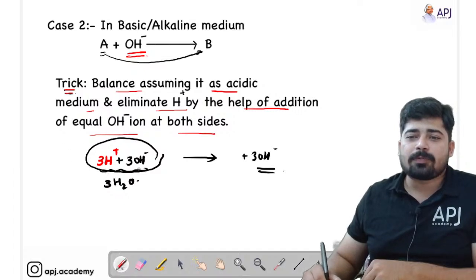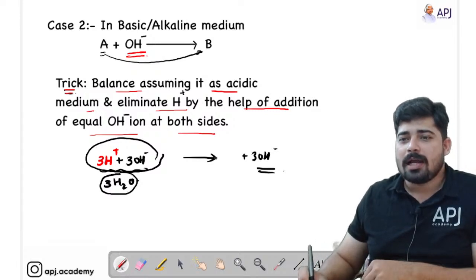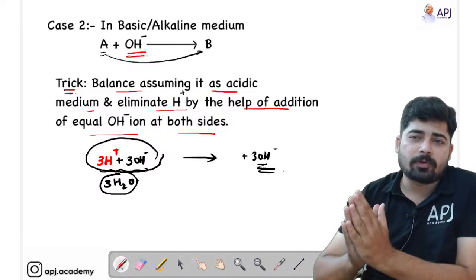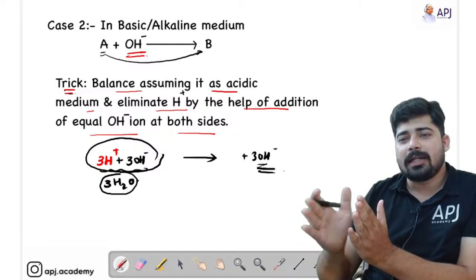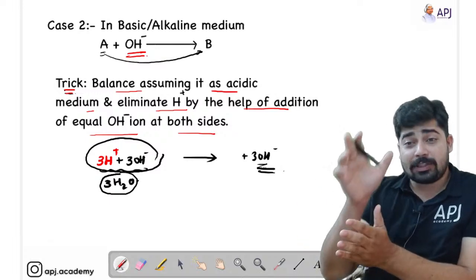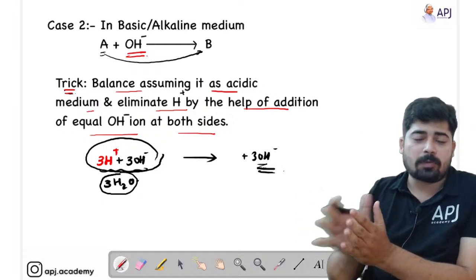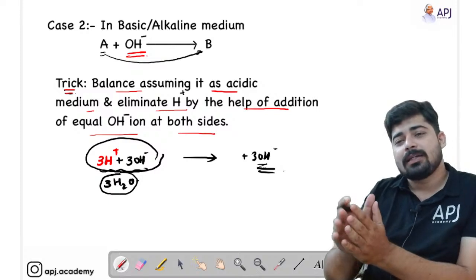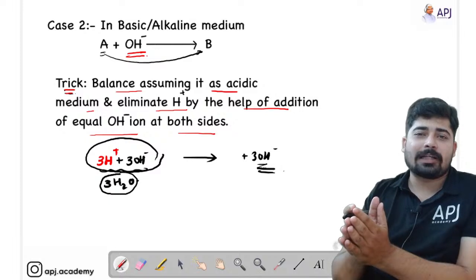So 3H plus plus 3 OH minus gives 3H2O, and it gives 3 OH minus on the other side. So this is how you have to do it. In the case of basic or alkaline medium, we assume that it is in acidic medium and do the whole problem, and then in the final reaction we have to cancel out H plus.